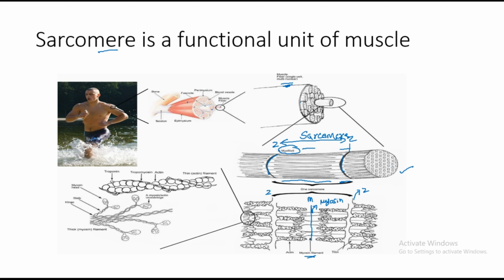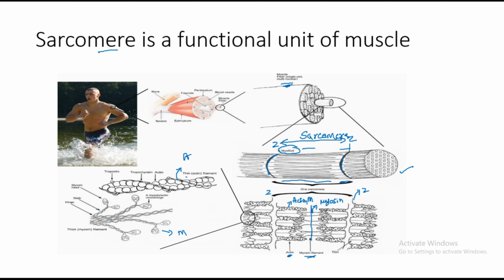So we have myosin, and we have the actin filament. This is the actin filament, the thin, lighter filament. The actin filaments are attached here. So these are actin filaments, and these are myosin filaments.